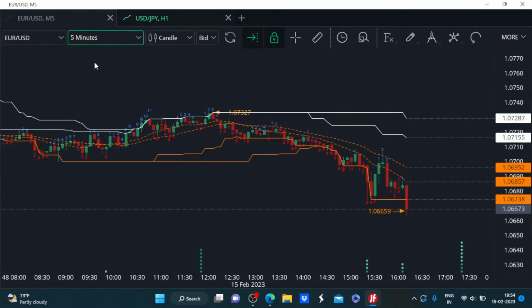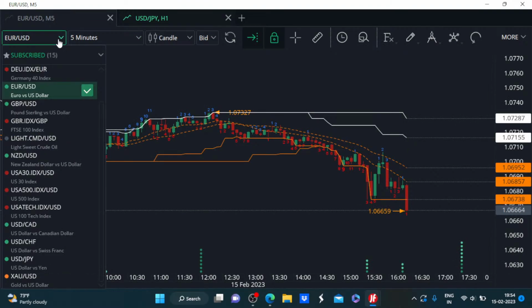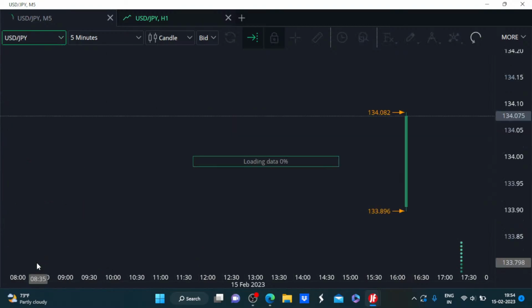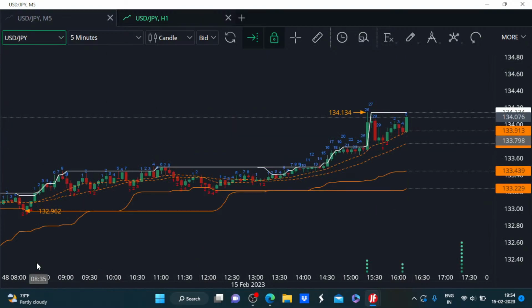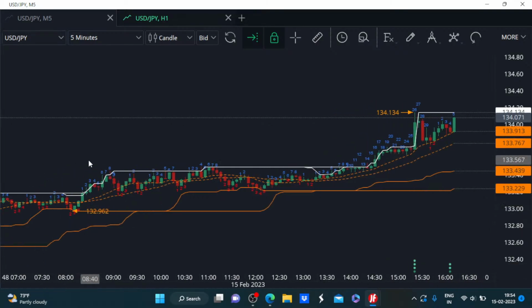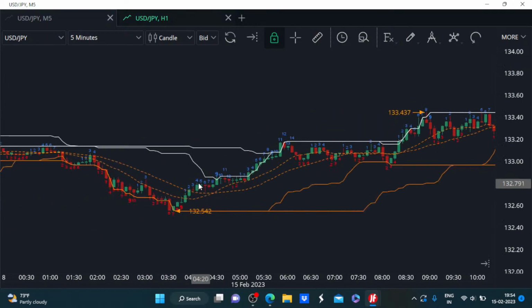Now let's start the comparison of the major currency crosses. Let's see what's happening in the USDJPY. The USDJPY is also on a similar trajectory where we are seeing the US dollar continuing to gain.